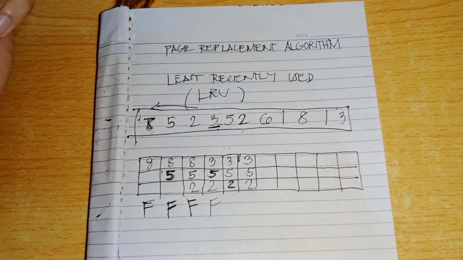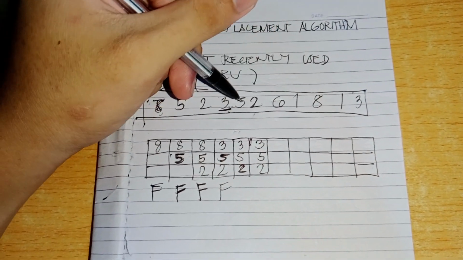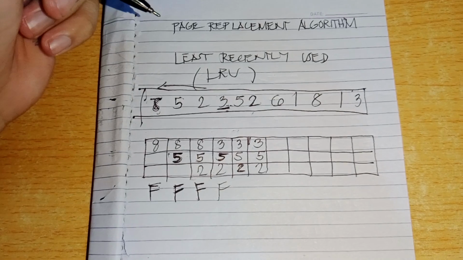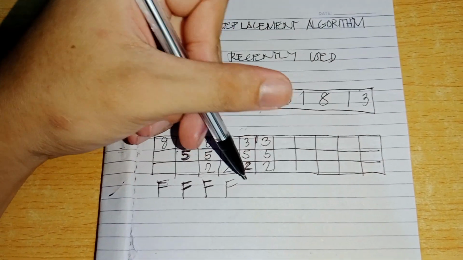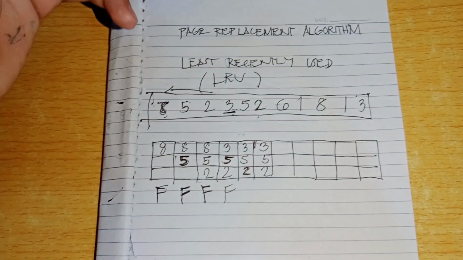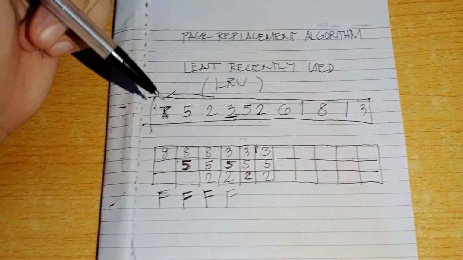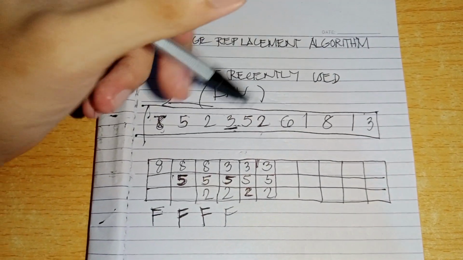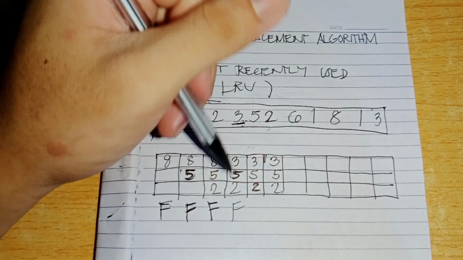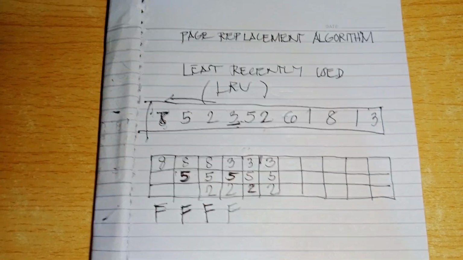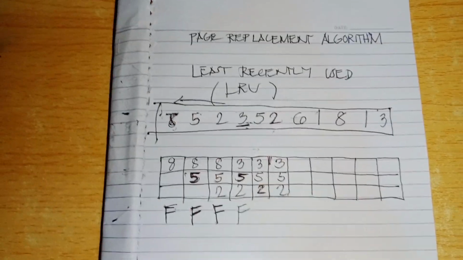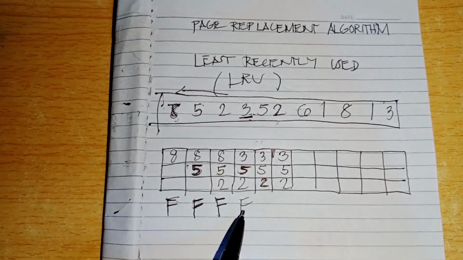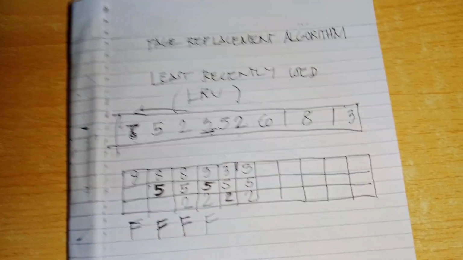But as you can see, we did not put a page fault, because the rule is that when you just copy the values of the existing records in the page replacement algorithm using least recently used, you don't need to put a page fault.